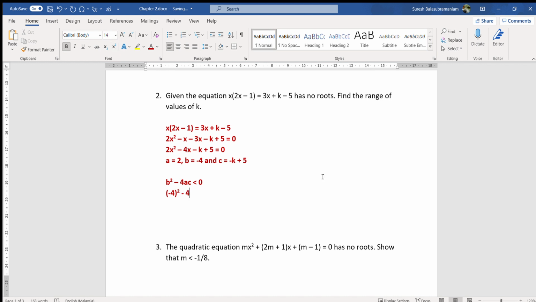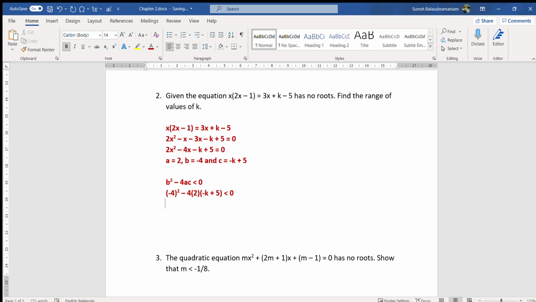A is 2, c is negative k plus 5, less than 0. So negative 4 square, you get 16, then negative 4, 2 and k, you get plus 8k, negative 4, 2 and 5, you get 8 times 5, 40, so you get negative 40, less than 0.